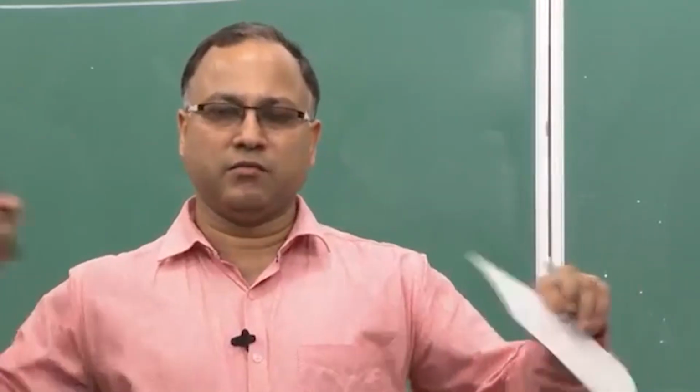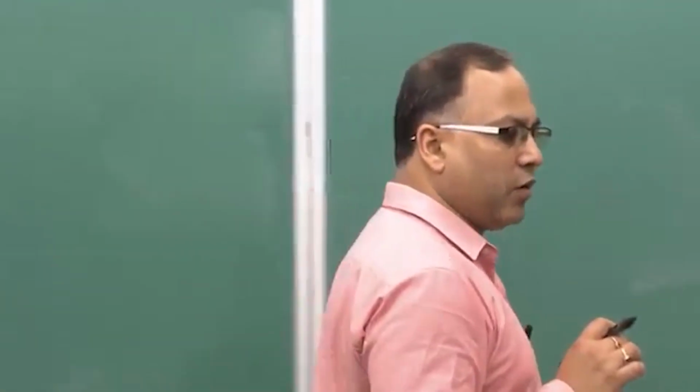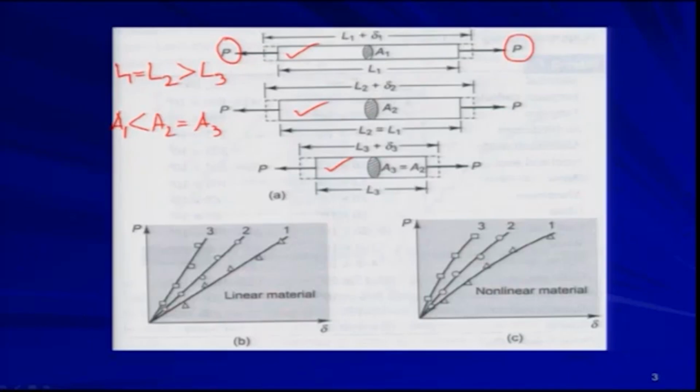A1, A2, A3 are the cross sections of those members, L1, L2, L3 are the lengths of those members, and P is the axial tensile force acting on each member. So, P is constant for all the members.